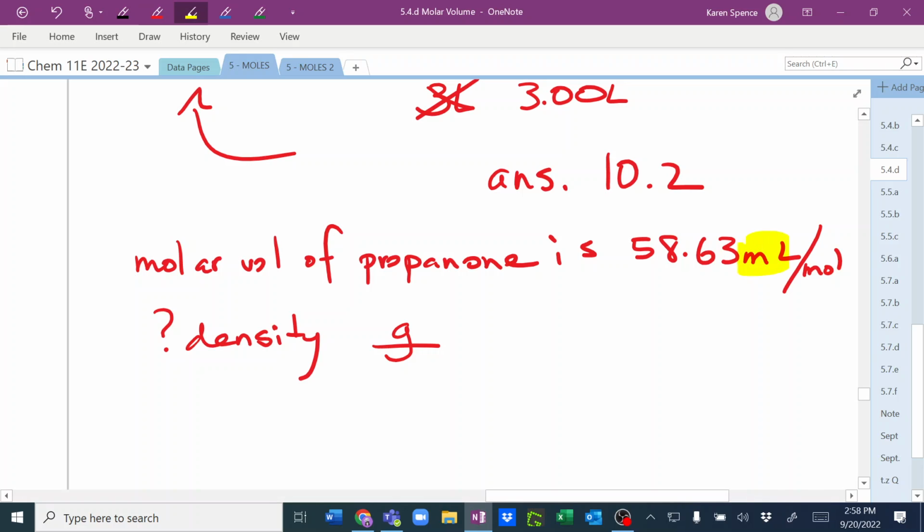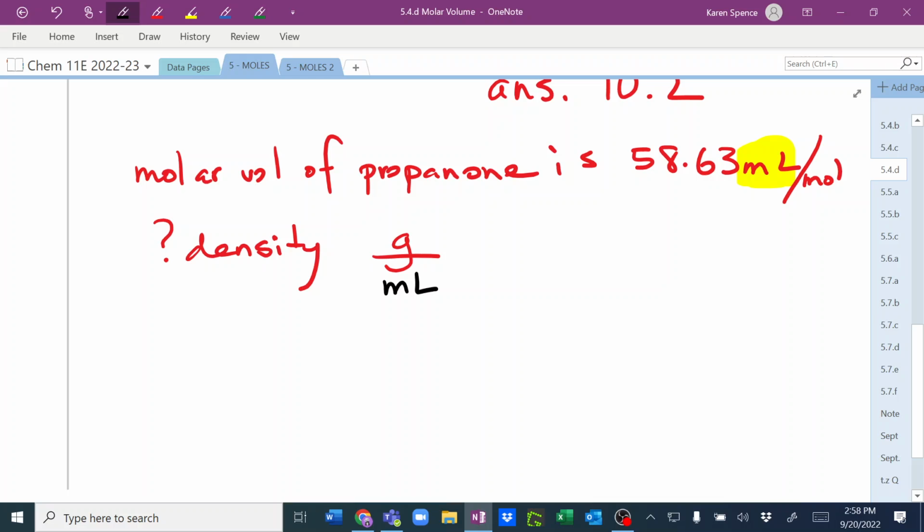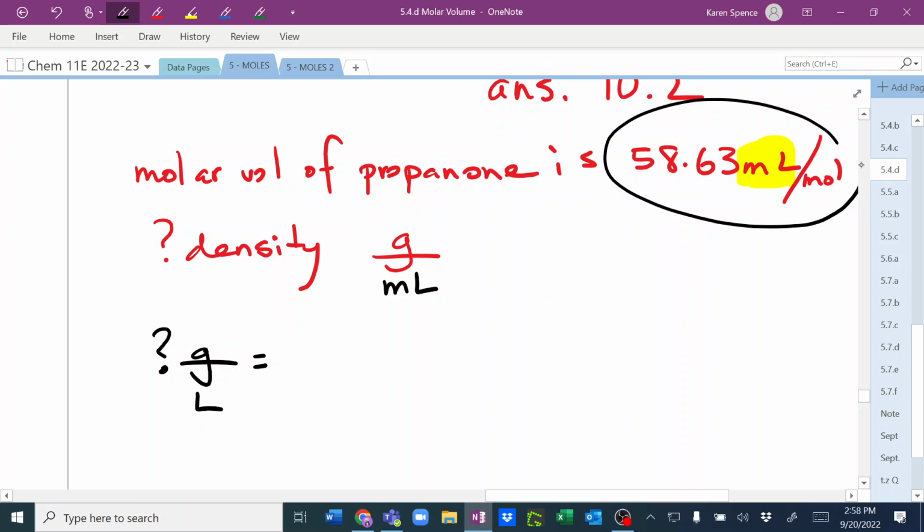I would personally choose milliliters because I've got milliliters there, yes? So I am solving for my density, grams per milliliter.